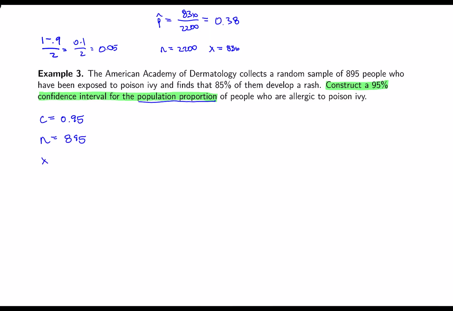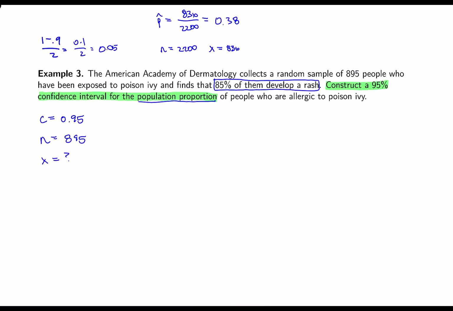Generally, you would need x. x is not provided in this problem because it says here 85% develop a rash. So if we're saying that a success is that somebody gets the rash, which if you had poison ivy before, that's not a success. But remember, there's no positive or negative connotation to success and failure here. It's just, it is the thing that we wanted to observe, or it's not the thing that we wanted to observe.